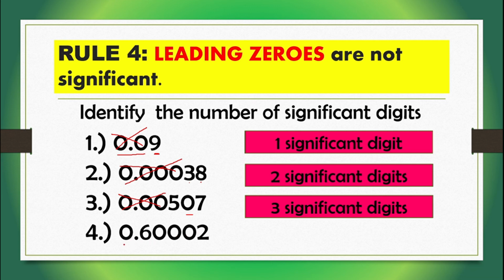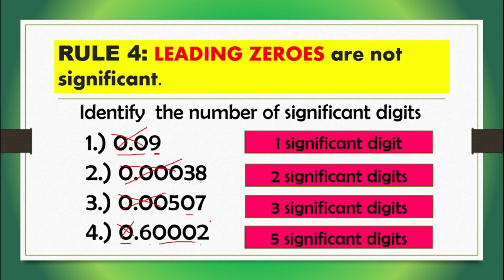As you observe, we have a leading zero, and therefore this is not significant. But there are also zeros between significant digits. Since these zeros are between these significant digits, then these zeros are significant too. So if we count them, we will have 1, 2, 3, 4, 5 significant digits.